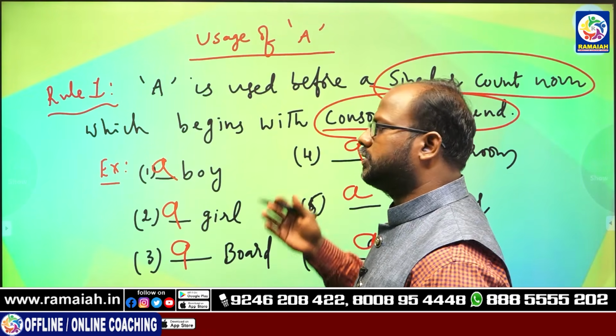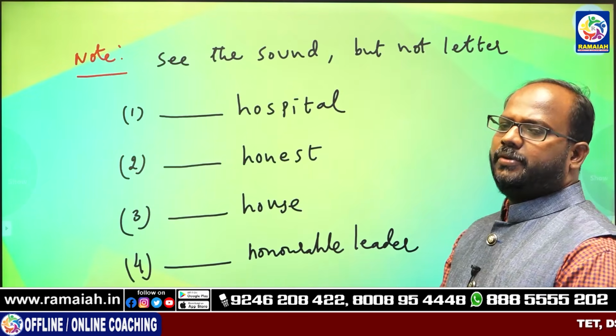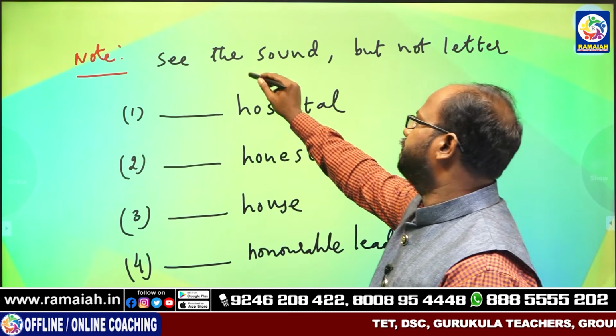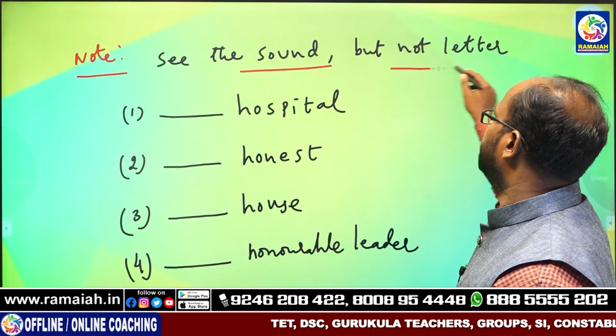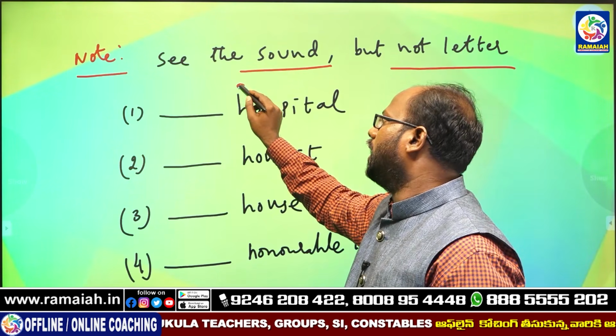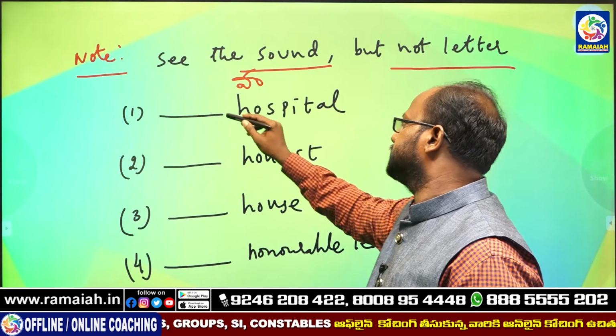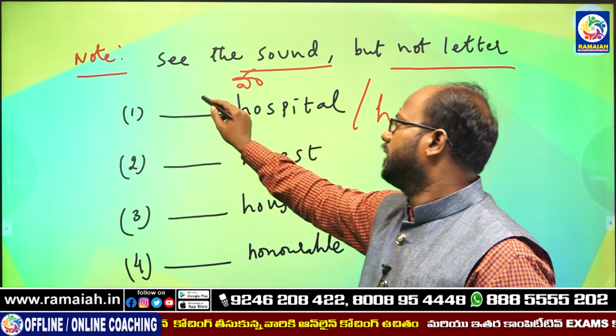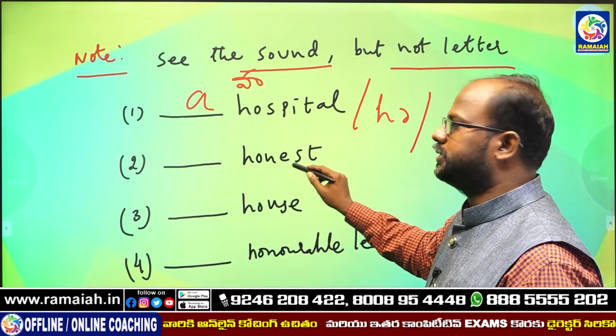Now we move to rule number 2. Before that, just have a look at sound. Sound is important, but not the letter. Hospital, as I told you earlier, ha, ha, ha. In Telugu, like this. In phonetics, we use like this. A hospital. Honest.